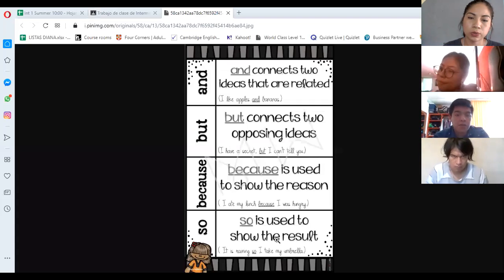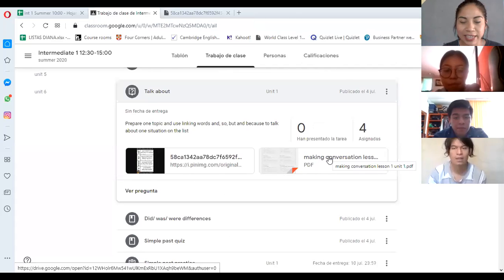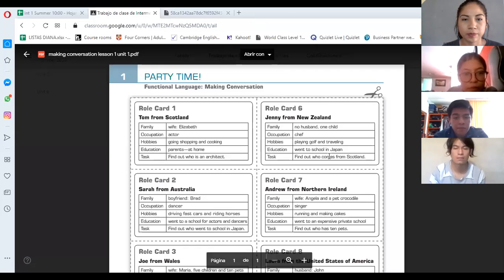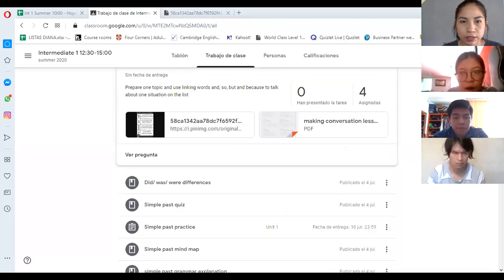So is used to show the results, because is used to show the reason, but connects opposing ideas and and connects ideas that are related. And here, making conversation. Talk about one situation from the list.